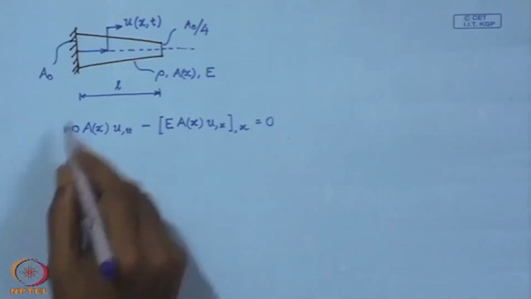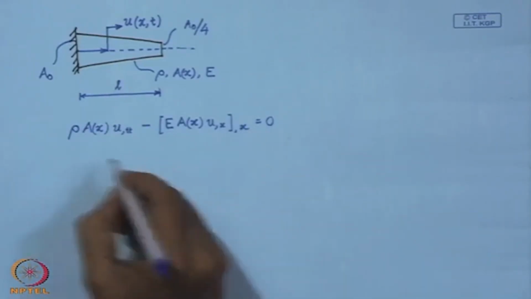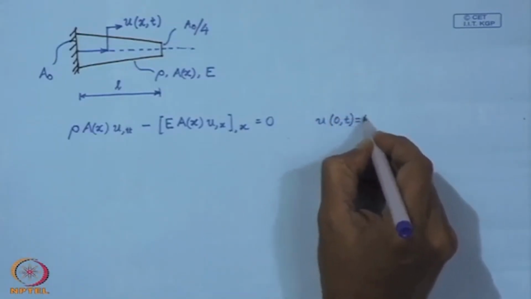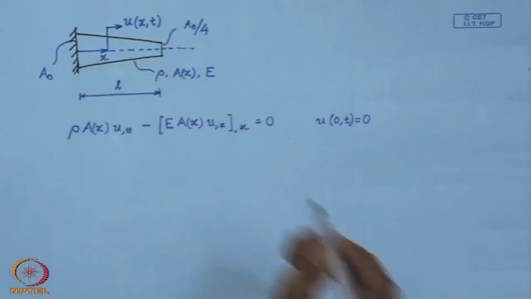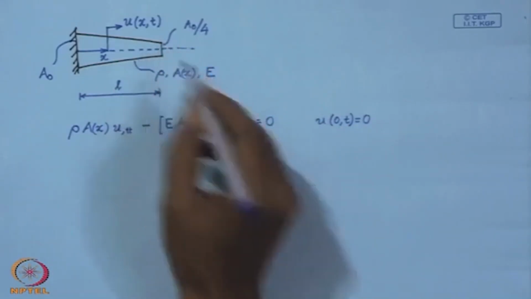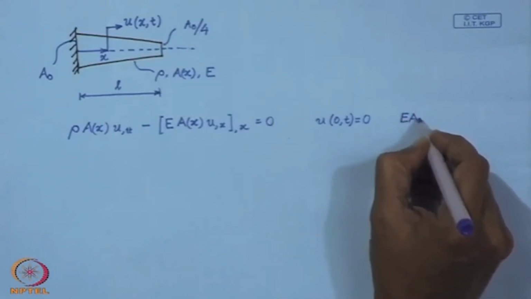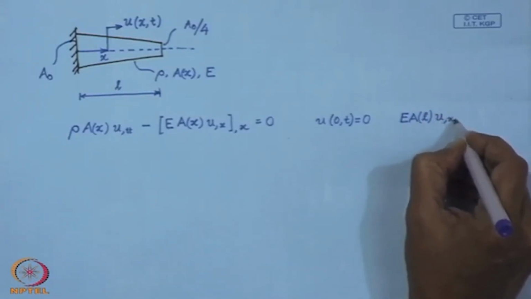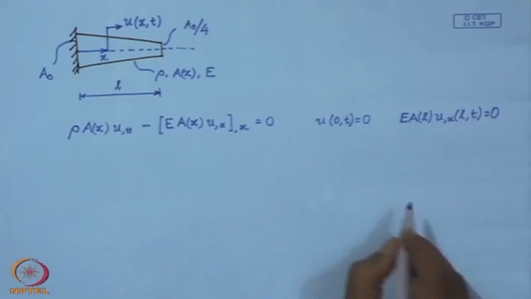The boundary conditions for the system that we have considered are given by: the displacement is 0 at x equal to 0, and at the free end we have a dynamic boundary condition, which is a no force boundary condition, which can be written as this.